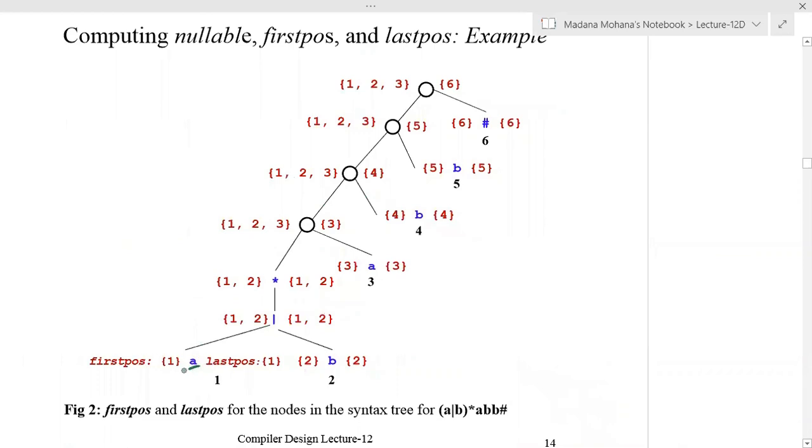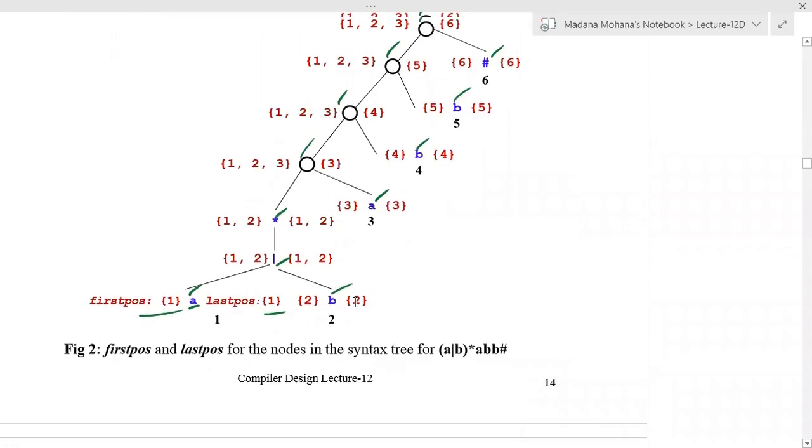For every node, the left side set is the first position value, the right side set is the last position value. So for all nodes, A, B, R, star node, cat node, then leaf node A, cat node, leaf node B, again leaf node B, cat node, leaf node hash, then cat node, the first and last position values are labeled here.